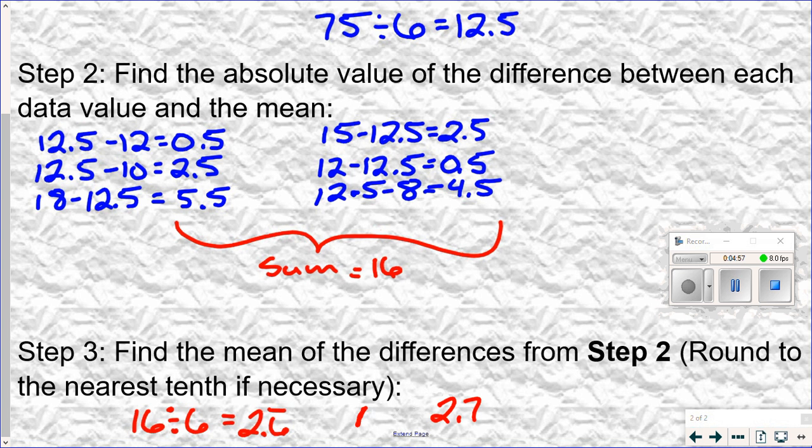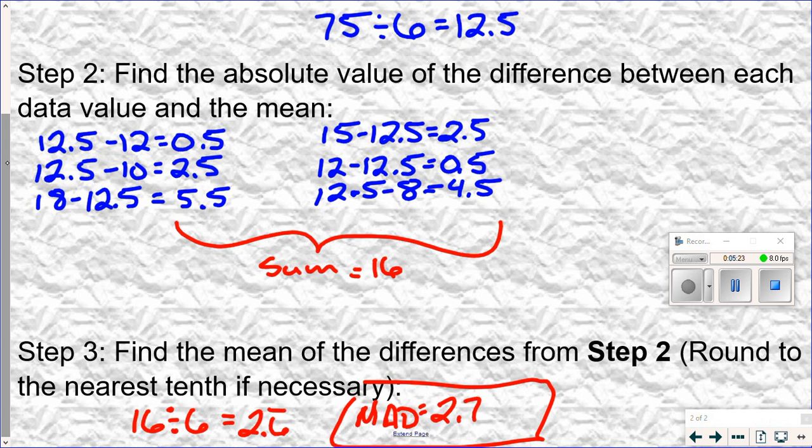That would be my mean absolute deviation. So on average, my values are 2.7 away from the mean. Again, the greater the mean absolute deviation, the more variation there is in my data set.